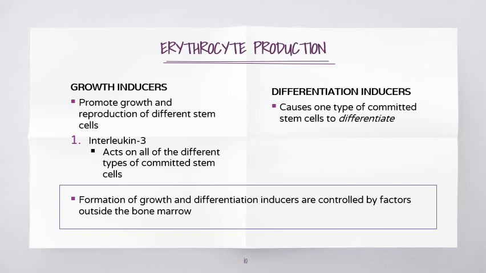So that's the difference between differentiation inducer and growth inducers. Growth just promotes growth and reproduction. And these inducers are actually also controlled by factors outside the bone marrow. Okay?